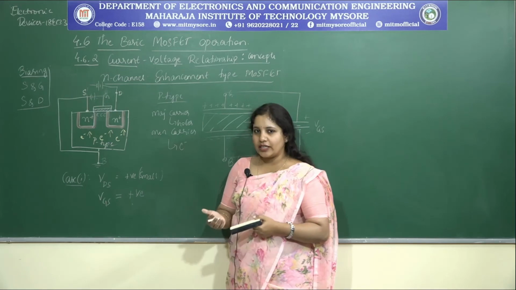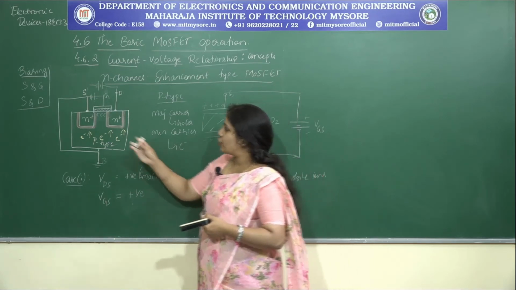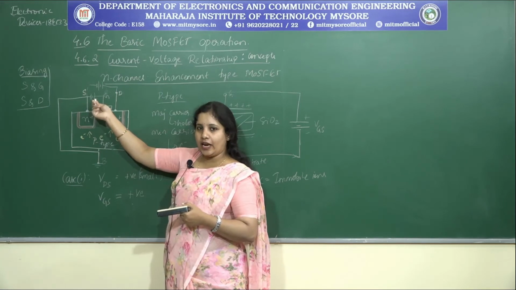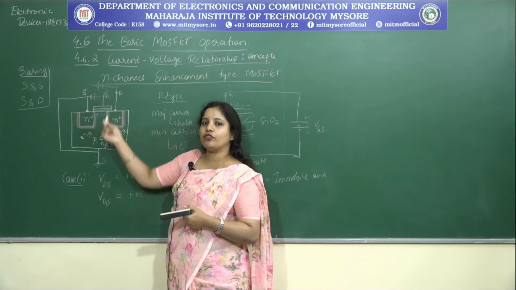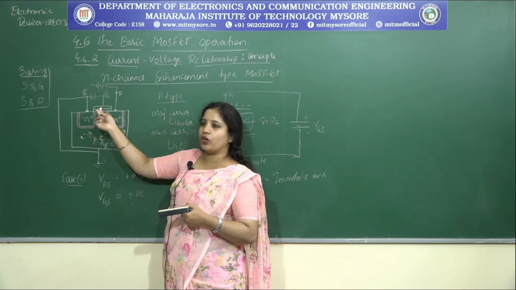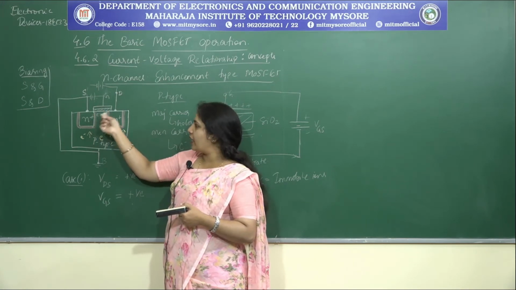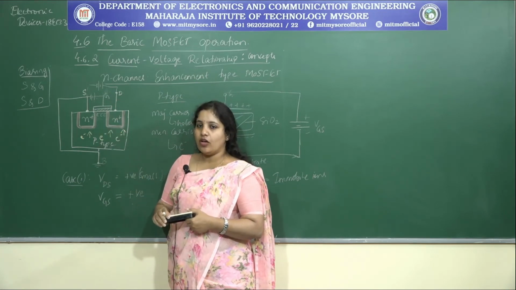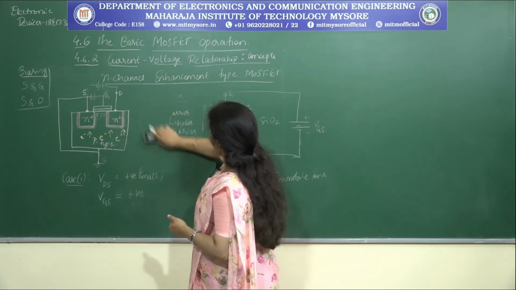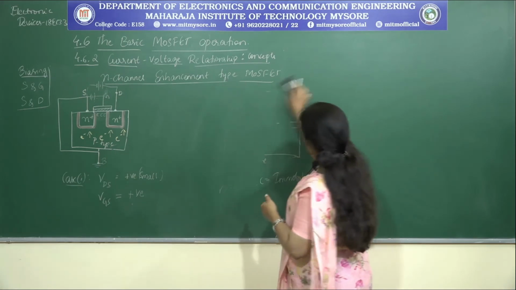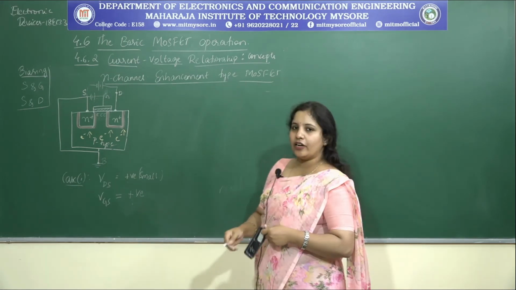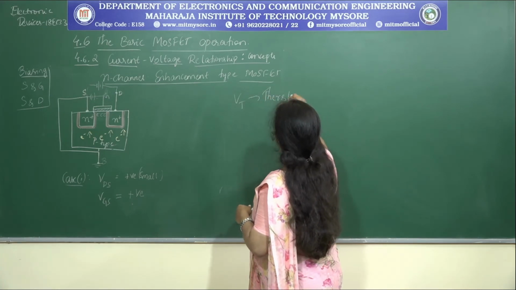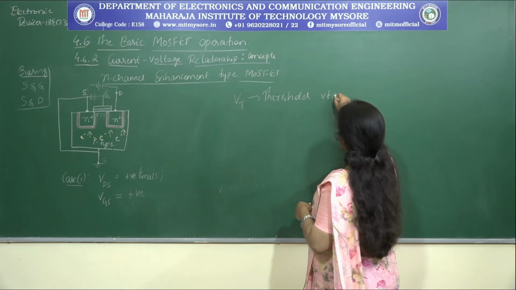After that, one more thing that you have to understand here is, it is totally dependent on how much positive voltage I am providing at the gate, so that it is sufficient to drift these electrons and get them settled beneath the oxide layer that we have. So whenever I consider the gate voltage, I will define it with respect to what is called the threshold voltage.